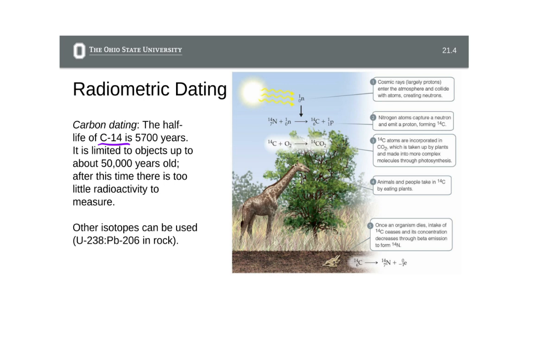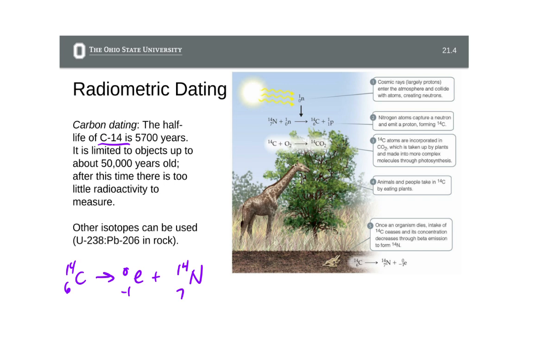So the half-life of carbon-14 is 5,700 years, and carbon-14 decays by beta decay. So it forms an electron and nitrogen-14.